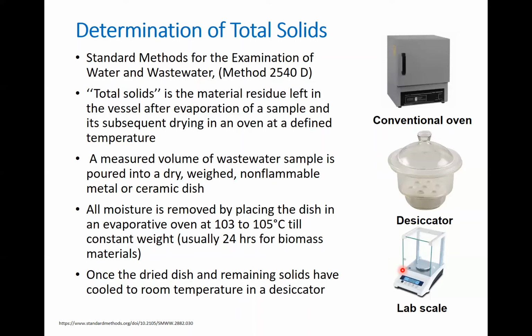So basically it's a very simple procedure, but again, this is for people who are not familiar with it. Then we put it in the desiccator and calculate the total solid. And we can also calculate the moisture content by the difference in weight.